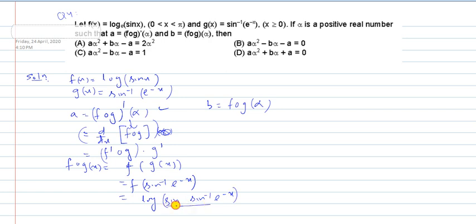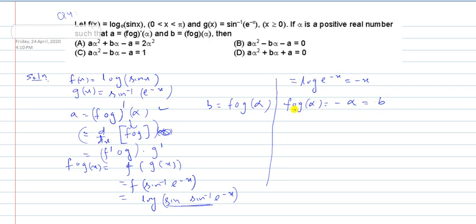Now you can see sin and sin inverse are together, hence they will get cancelled, and at last I will get log e to the power minus x, and the value is nothing but minus x. This is the value of f of g of x. So b equals f of g of alpha, which will be minus alpha. So my b equals minus alpha.